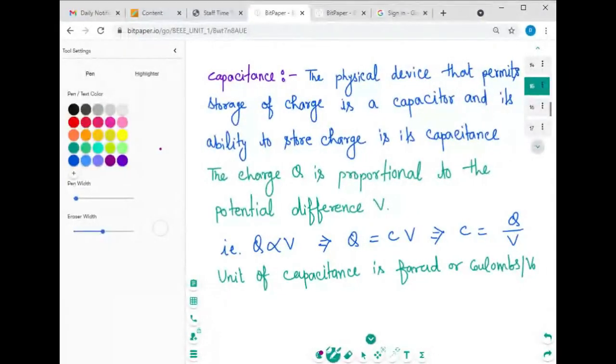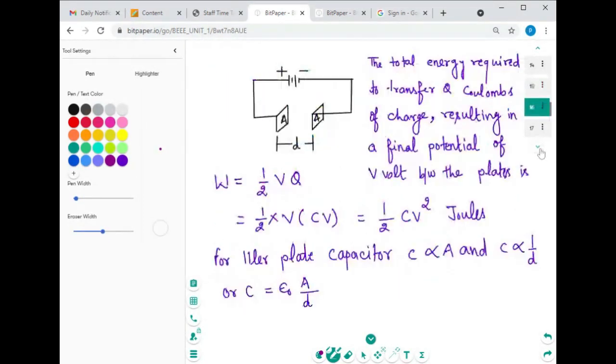So the first definition we discussed in the last session is capacitance and how to calculate the charge of that particular capacitor. We calculated C is equal to Q upon V. Then we saw the definitions with the help of some circuit diagram, and we calculated the work done.